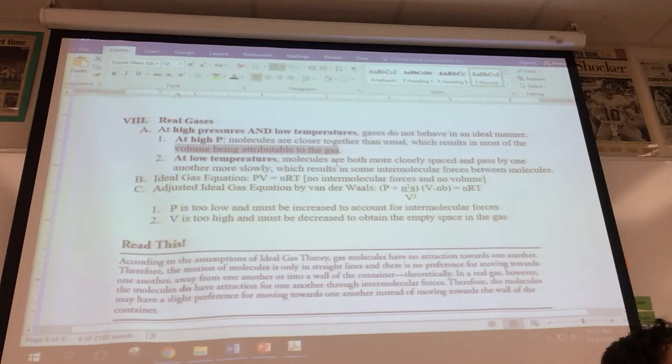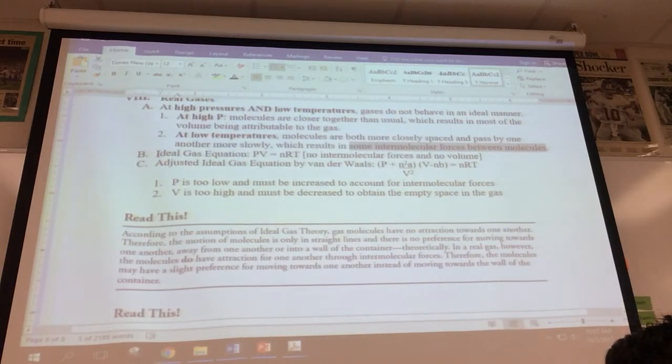At low temperatures, particles are going to move slower, and as a result, some intermolecular forces will form. We'll revisit the IMF concept when we get there in the second 9 weeks.